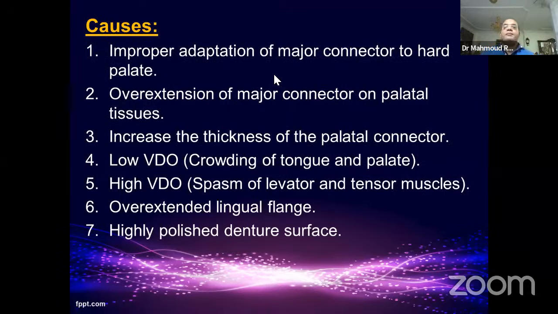Causes of nausea: improper adaptation of the major connector to the hard palate, overextension of the major connector on palatal tissues, increased thickness of the palatal connector may also cause a gag, a low vertical dimension of occlusion, crowding of the tongue and the palate, a high vertical dimension of occlusion causing spasm of the levator and the tensor muscles, which causes gag, an overextended lingual flange, and finally a highly polished denture surface. All these may cause gagging for your patient.